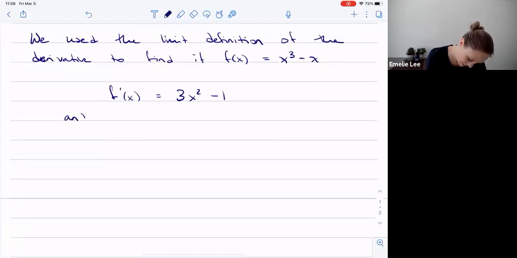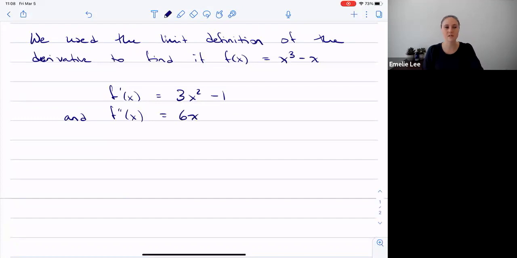f double prime of x, which is the second derivative, became 6x. And then we had a look at the graphs of the three of these: f of x, f prime, and f double prime of x.